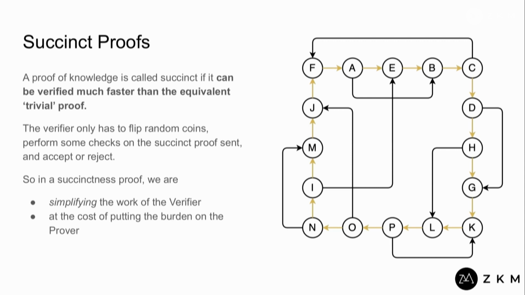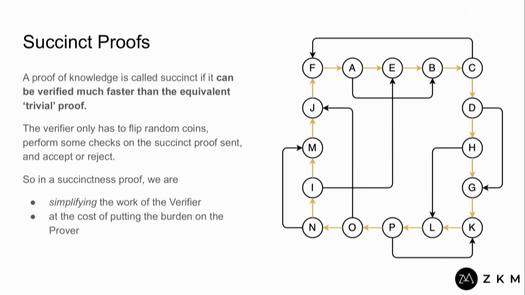So what we want are what are called succinct proofs, in which the verifier only has to flip random coins, perform some checks on the proof that the prover sent, and then accept or reject. In the case of a succinct proof, we are simplifying the work of the verifier at the cost of putting the burden on the prover.